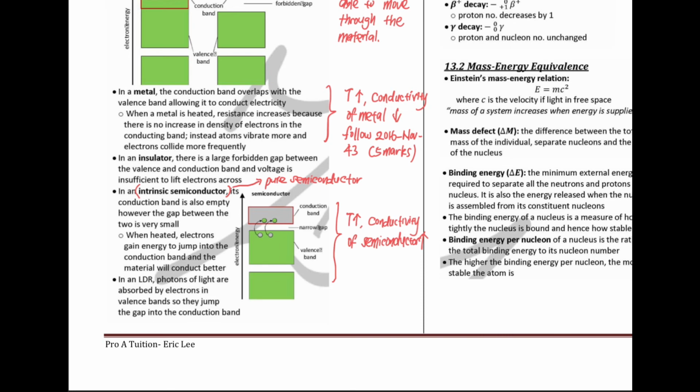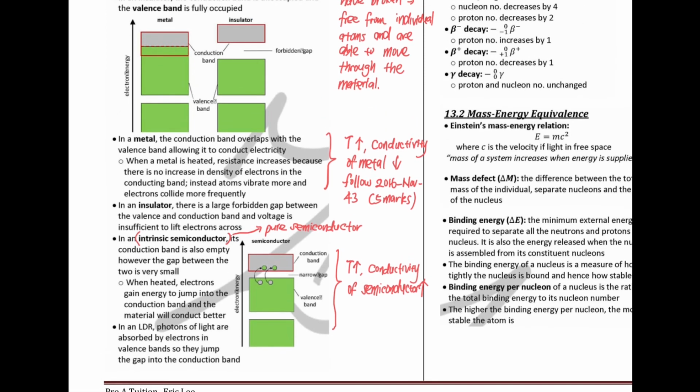Okay, so you see metal, right? Metal, when temperature increases, conductivity decreases. Of course, the explanation is because the atoms are vibrating and blocking the flowing of the electrons. And maybe you're wondering, how come this is not blocking?